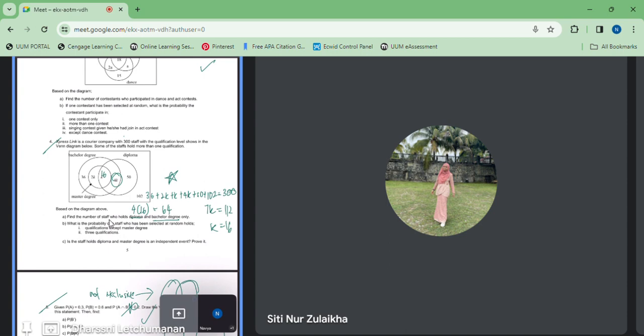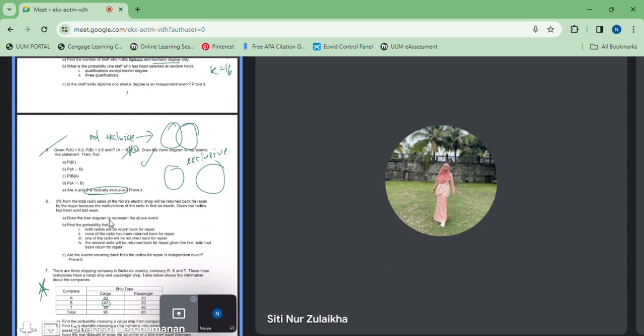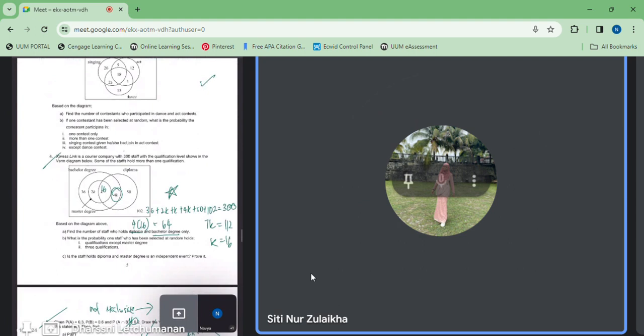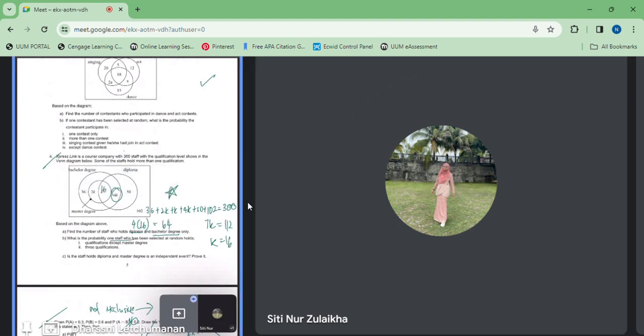Okay. Next, what is the probability of one staff selected having qualifications except master degree? They have everything except master degree. They have bachelor, they have this one.